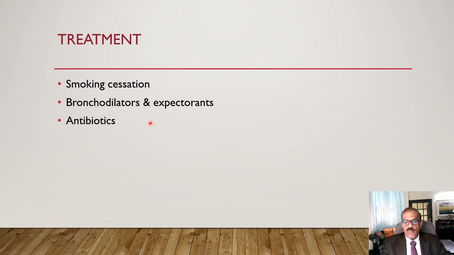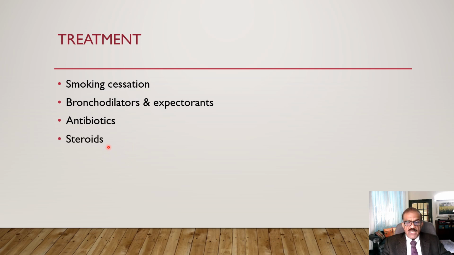So these antibiotics should be used at the earliest manifestation of acute exacerbation, and they should be used in a proper effective dose and for a proper duration so that the patient does not develop resistance to these antibiotics.